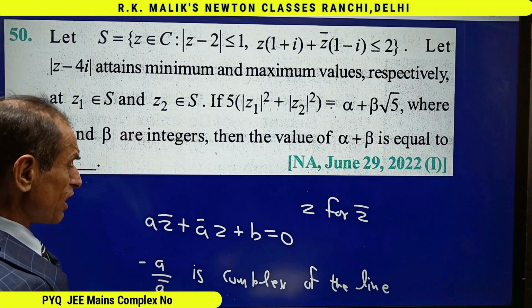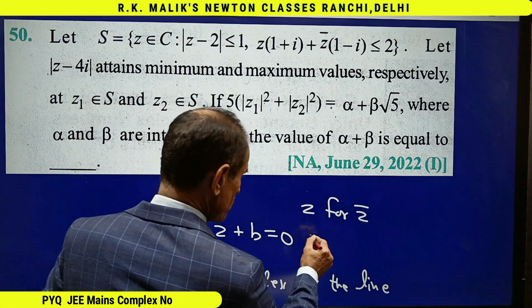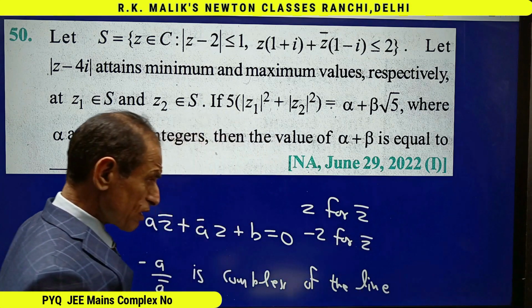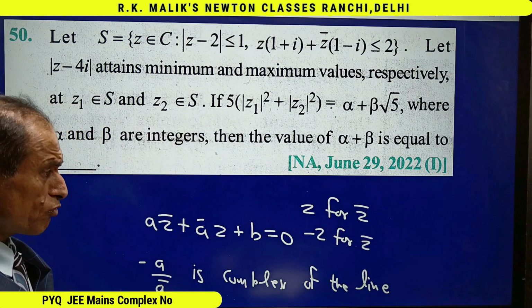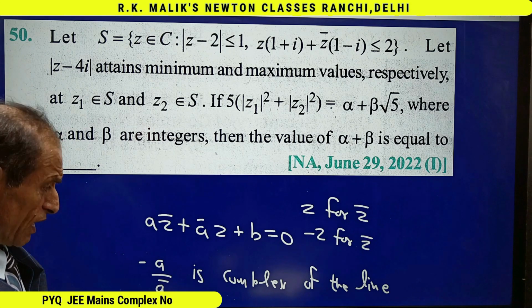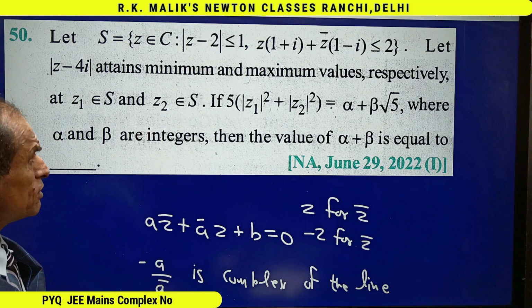To find the point where the line cuts the y-axis, write minus z for z bar, and the value of z you will be getting will be the point where the line cuts the y-axis, or you can say the imaginary axis. I'm going to use this concept in this question.